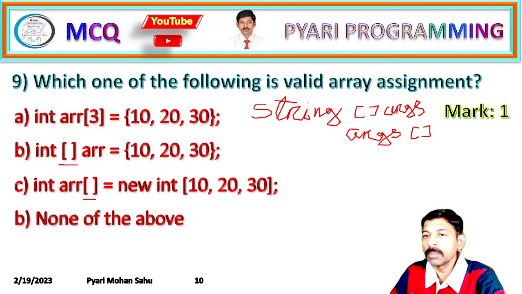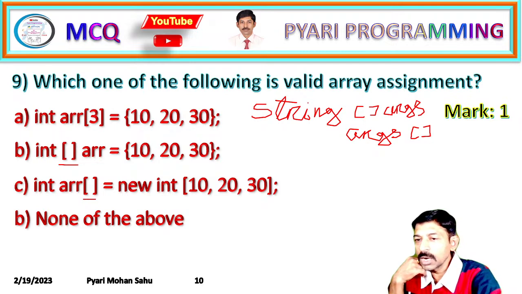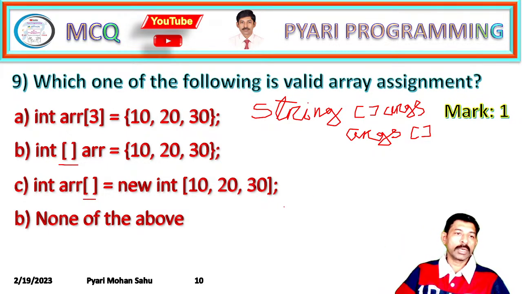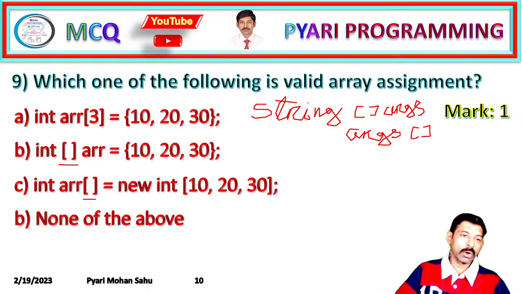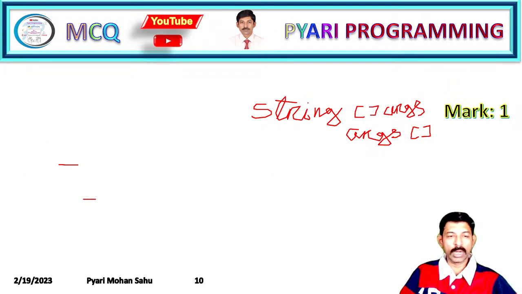Pratyush says none of the above. Now why this none of the above? Amrit Senapati says option D is supposed to be D, but it's B. Okay, yes, got it. Here there is 2B, that is why the problem is coming. Okay, got it. That's what Loren was telling.